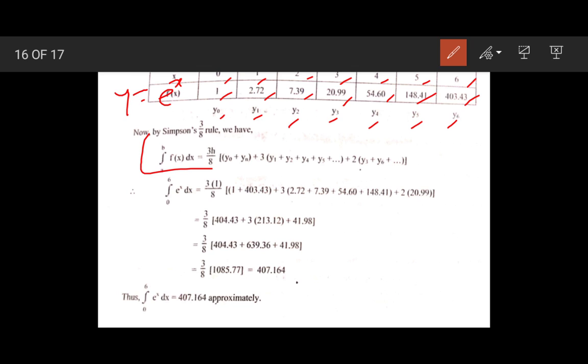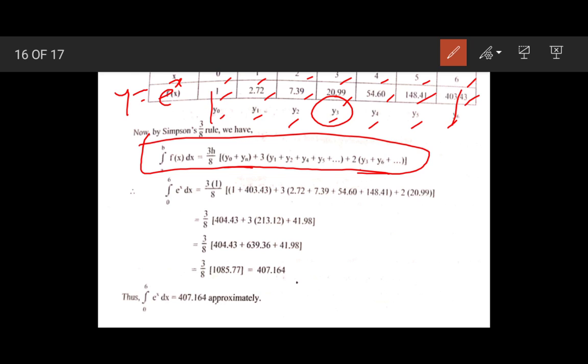Now we are going to write the formula of Simpson's 3/8 rule, which is integral a to b f of x dx, that is equal to 3h upon 8 into the first value plus the last value plus 2 into the multiples of 3. The multiple of 3 is only y3. The first value and last value go here. So the multiple of 3 is only y3, plus 3 into y1, y2, y4, y5.